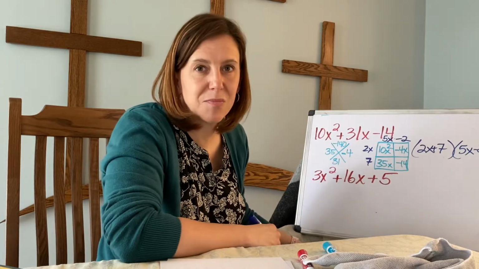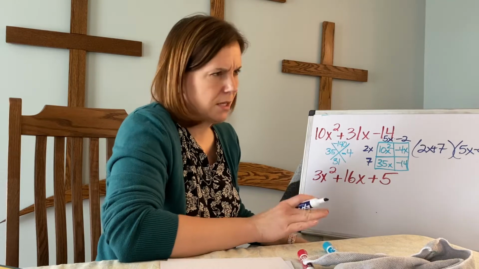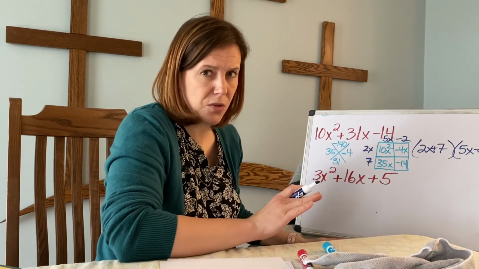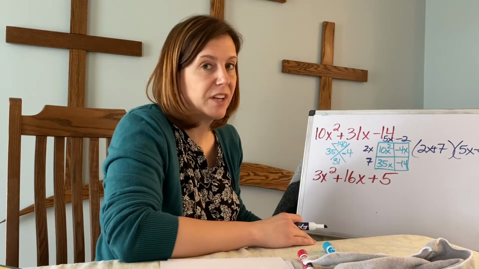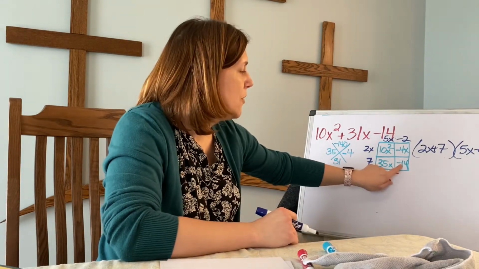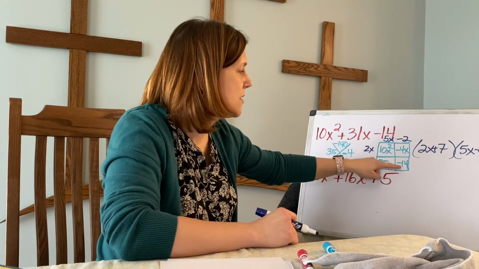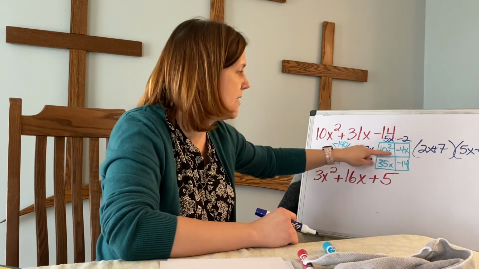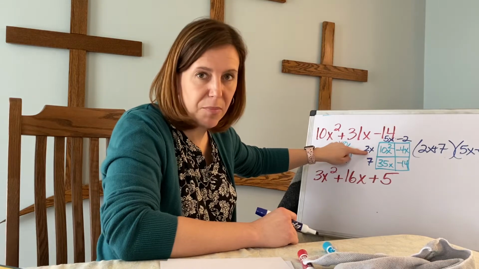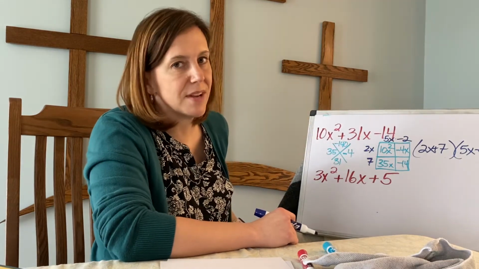Hopefully not, because as my last step is to FOIL, I would have figured out, oh wait, something's wrong with my signs, and I would have gone back to figure that out. Let me say it again. If they're not both negative, I only take a positive greatest common factor. So this one should have only ever been positive 7, only ever positive 2. This is the only one that's negative because both numbers are negative.